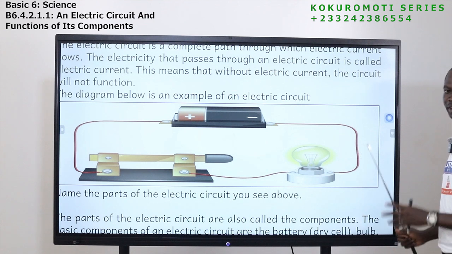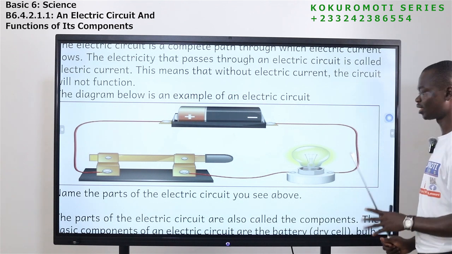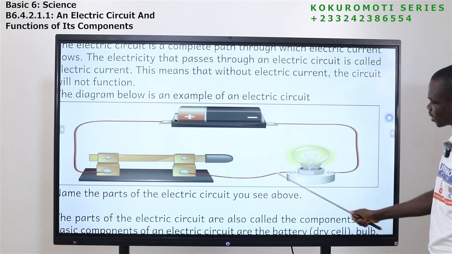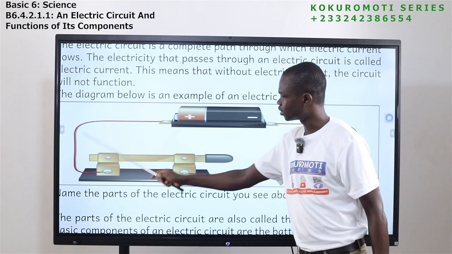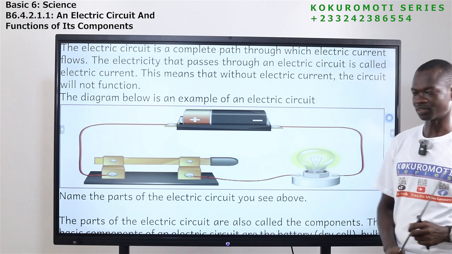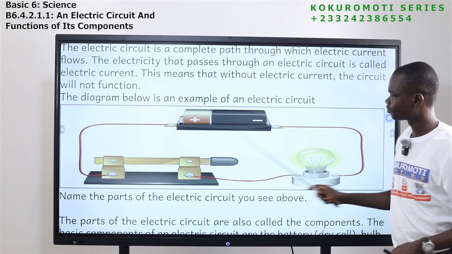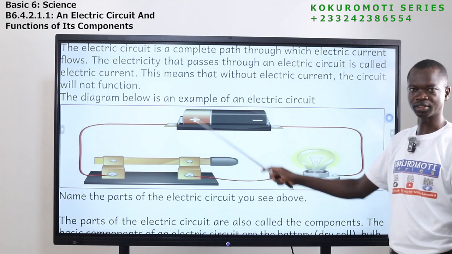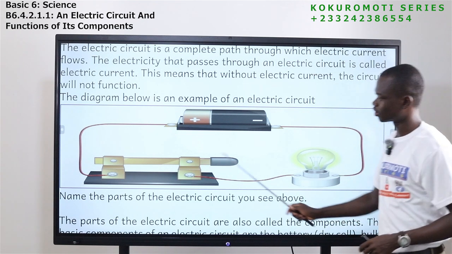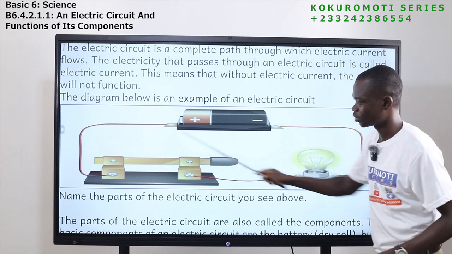Bulb. So bulb is one of the components of an electric circuit. What do you see here? This is wire. Wire too is another component of an electric circuit. Then what do you see here? This is battery. It's also a component. And this one here is switch.